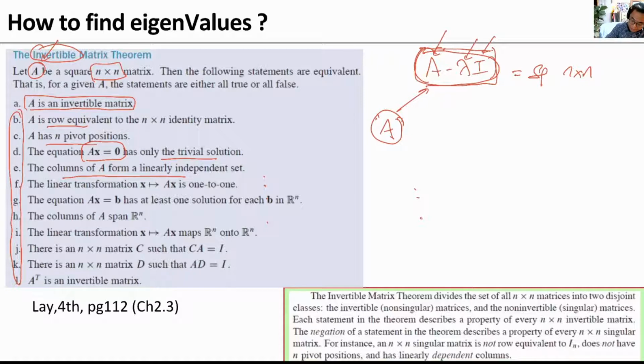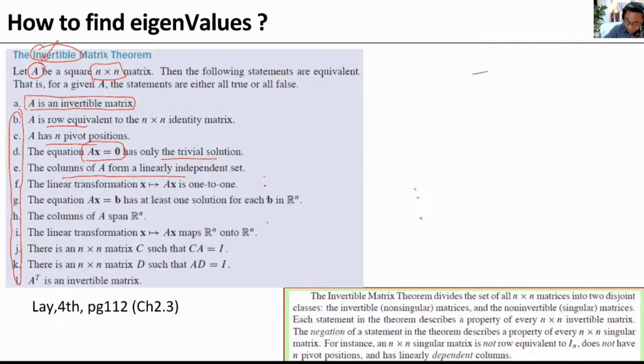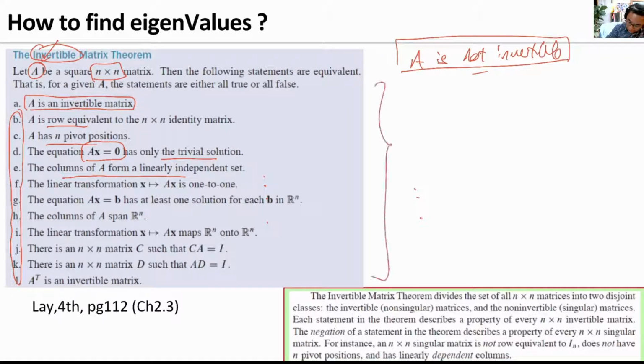Alright, so what about if we say that A is not invertible? Then what we are saying is that we're going to say a lot of this statement, the negation of this statement. We say that, maybe this is more clear, A does not have n pivots.